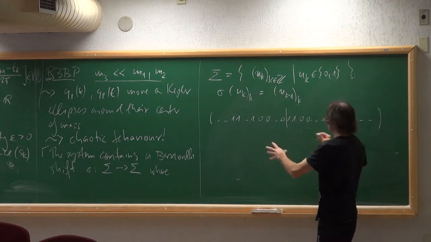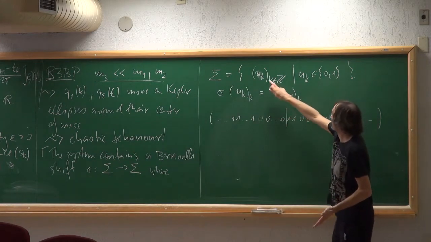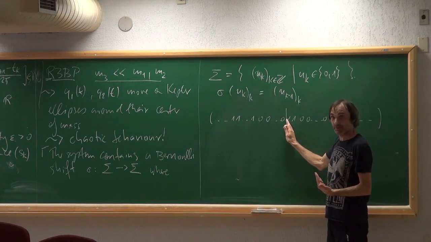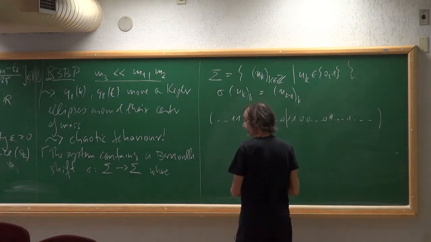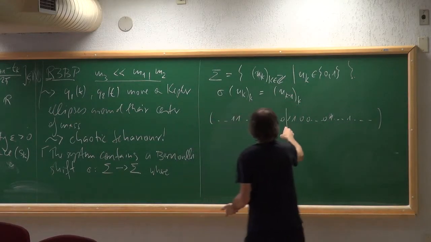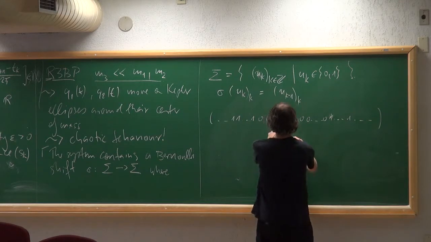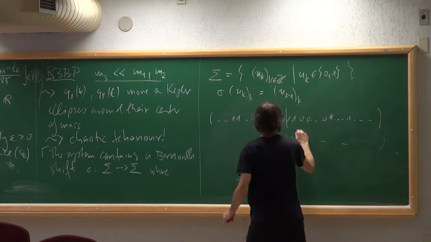It is infinite in both directions, but we know which one is the entry at 0. The shifting is just moving the sequence by 1 to the right. So the next one here would be 0, and then comes 1, 1, 0, and so on.